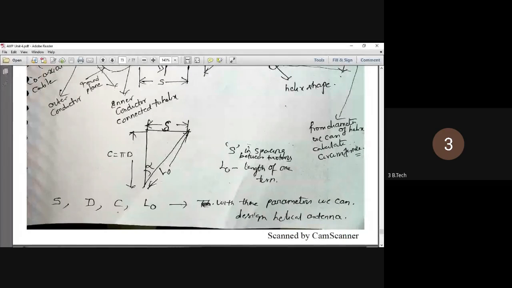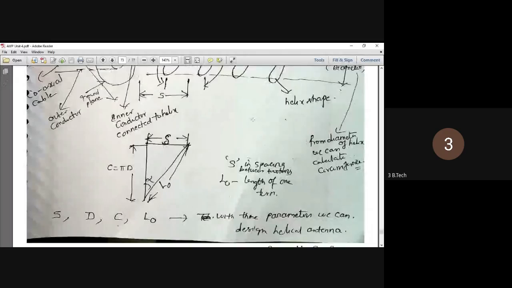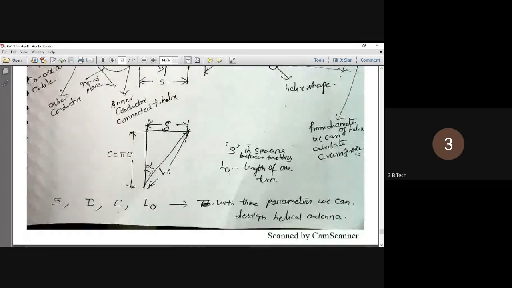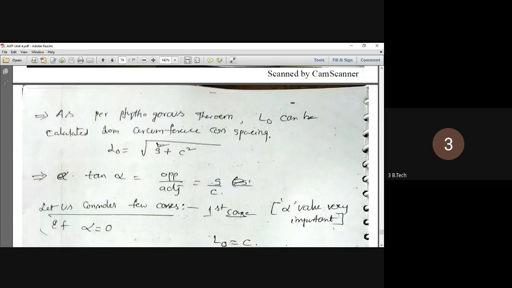So S is the spacing here, L0 is the length, angle is alpha, C is circumference pi d. Yesterday I told. So S spacing, D diameter, C circumference, L0 length. These are all the parameters we can design the helical antenna.